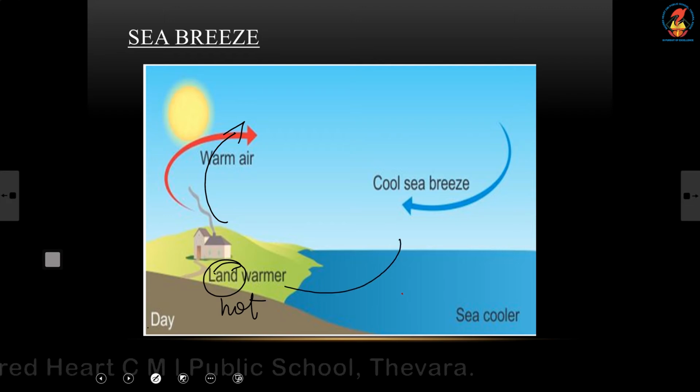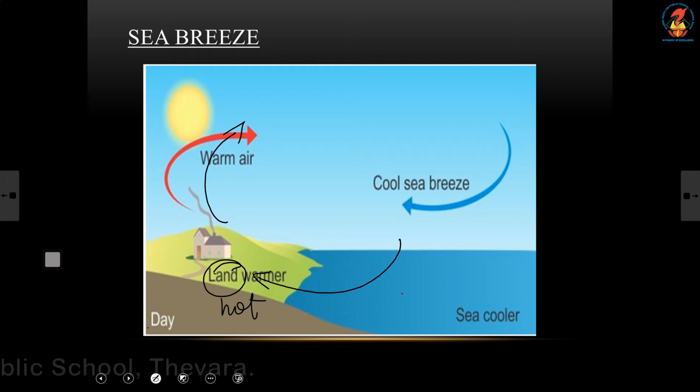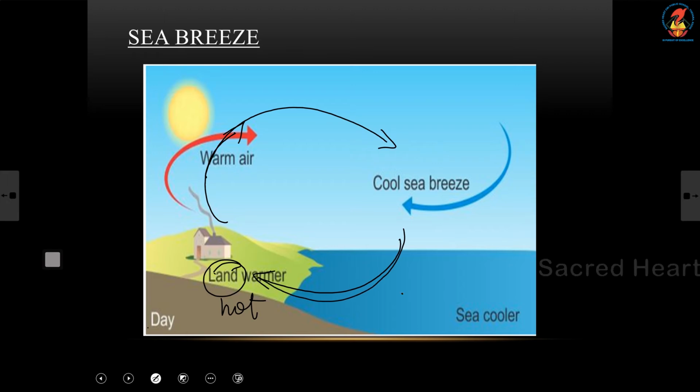Cool air from the sea will come to occupy the space, and this process will continue. Means hot air will go to the sea and cool air from the sea will come to the land. This happens during the daytime and that process is known as sea breeze.